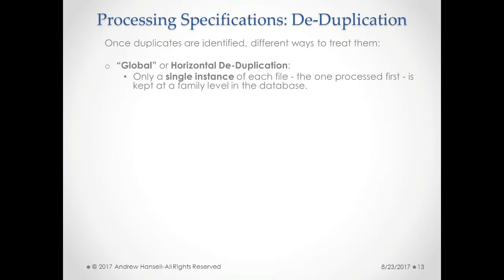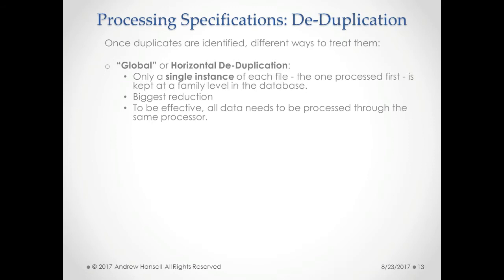So one thing to keep in mind here is you may want to make sure that you're processing data from your key custodians first, so that most of the documents have their quote-unquote home within that custodian's collection. This is going to give you the biggest reduction in terms of deduplication, because you are going to eliminate all duplicate documents from the database.